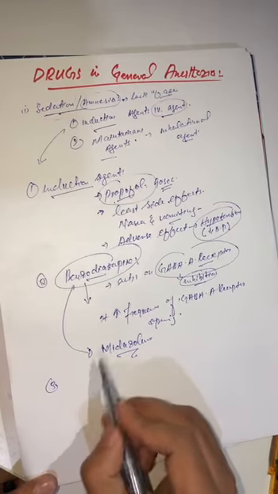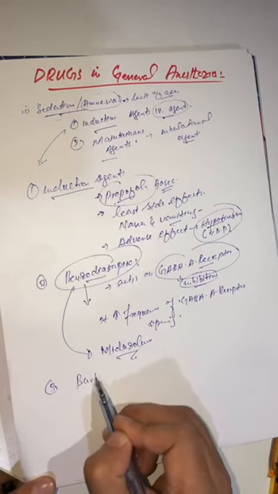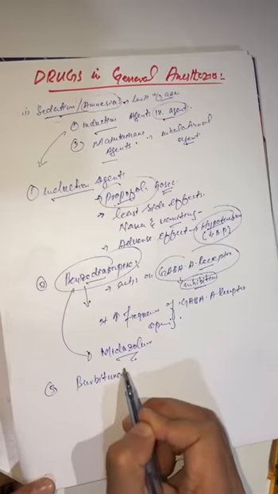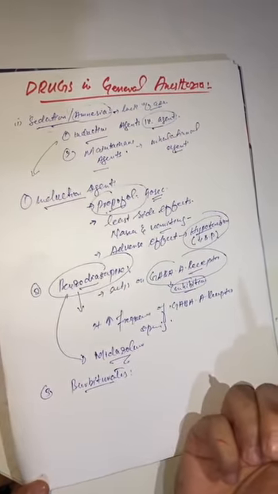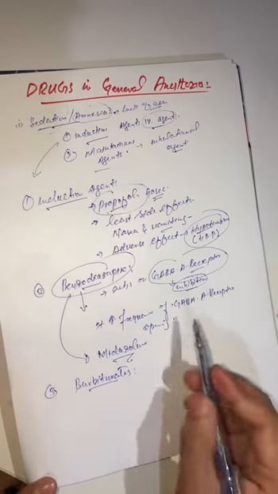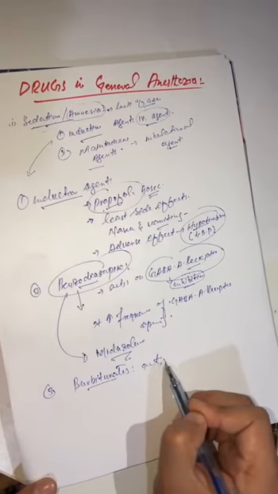The third sedative used is actually barbiturates. Its mechanism of action is the same as that of benzodiazepine. It also acts on the GABA A receptor.